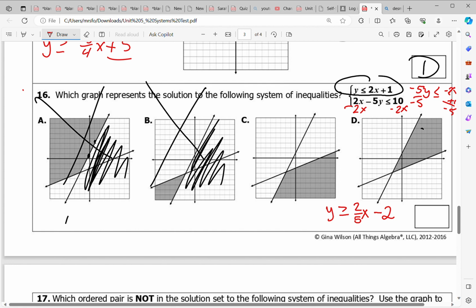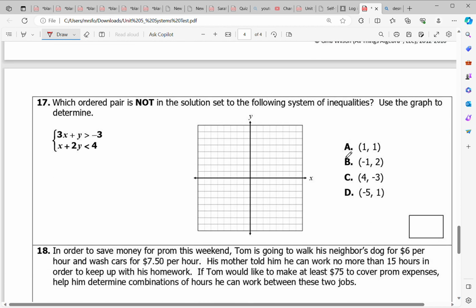So we know that the line is correct, but when we had to flip it, that means we're going to shade above that line. So this line, we should have shaded above it. Which one of these is shaded above? That would be letter D. You could also type the originals in Desmos and check it.